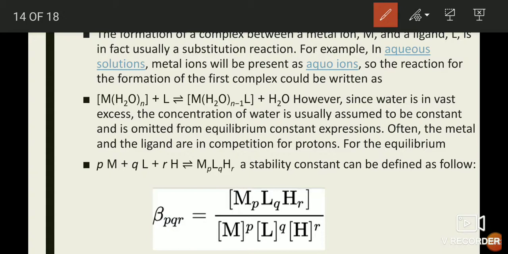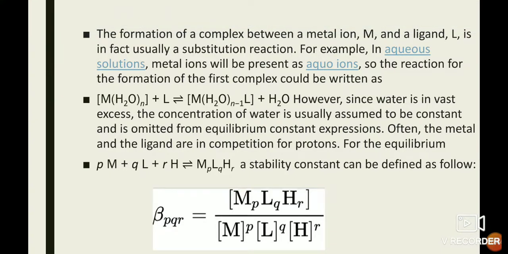Often the metal and the ligand are in competition for protons. For the equilibrium, the equation will be pM plus qL plus rH gives the complex MpLqHr, where M is the metal ion, L the ligand, and H the concentration of H plus ions or protons. The stability constant is defined as beta pqr, equal to the concentration of the metal ligand hydrogen ion complex divided by the concentration of metal ions times the concentration of ligands times the concentration of H plus ions.